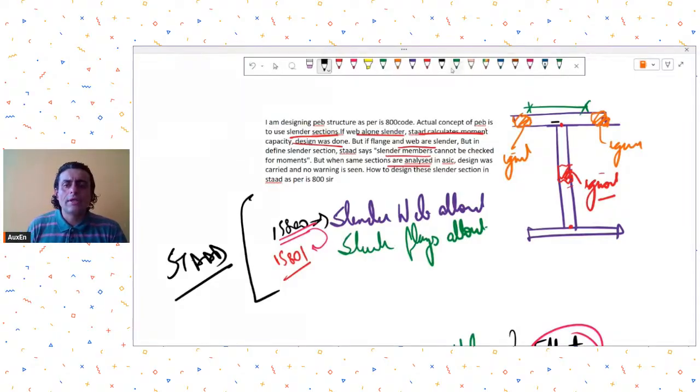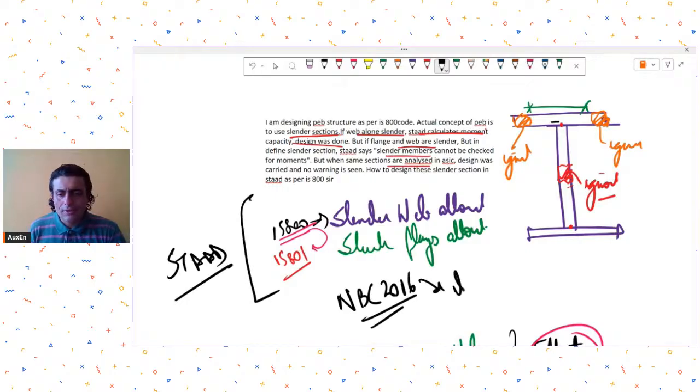Now, if you look at the NBC 2016, over there it has introduced the concept of effective widths for flanges also. Basically what has happened in NBC is that they have revised all the codes, and then they have given one compilation of all the codes.